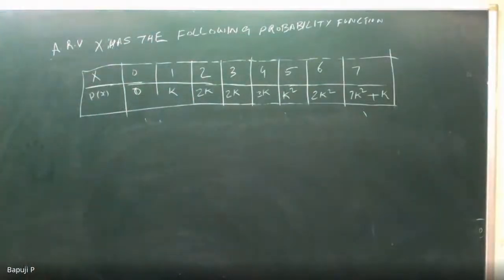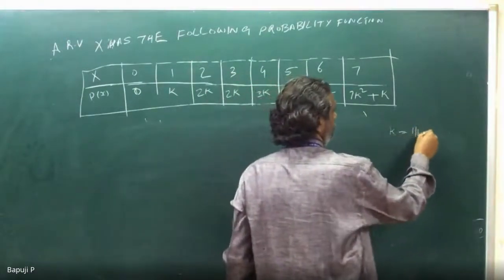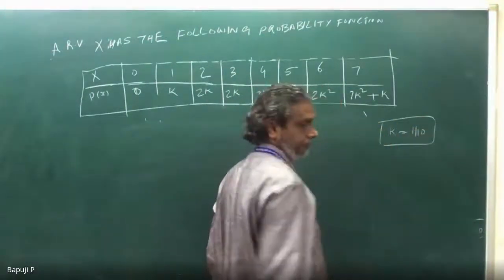What K value did you get? K is equal to what? Keep it in a box.